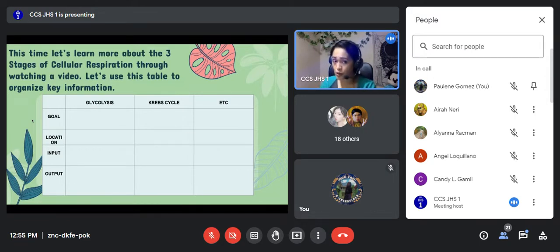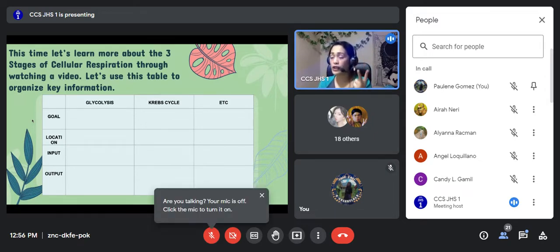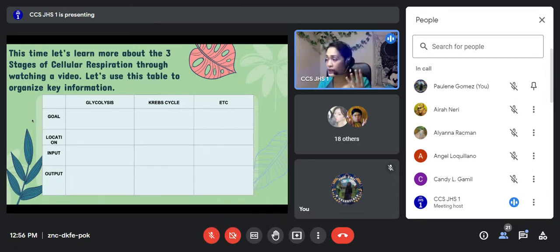For each stage, we will focus on the goal, the primary aspiration or ultimate outcome of that particular stage. Next is the location where it occurs specifically inside the cell or inside the mitochondrion. Then we have the input, the ingredients, the raw materials. And lastly, what are the substances produced for that specific stage?